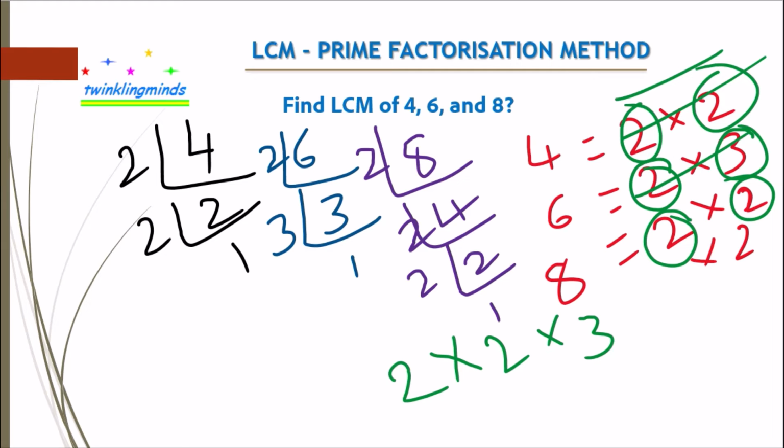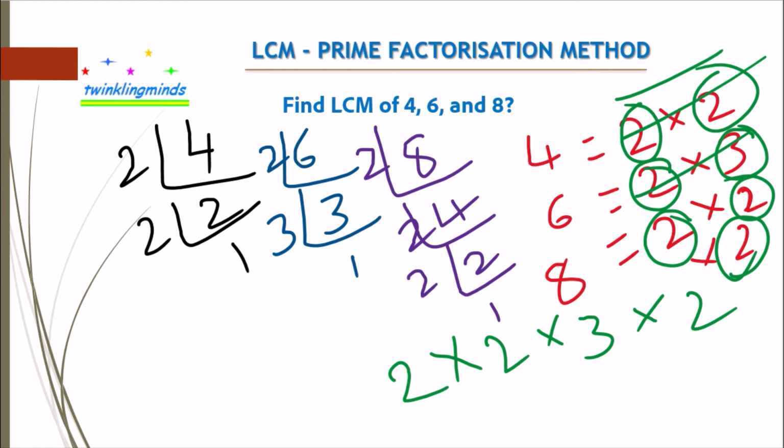So in 8, we have one more factor, 2. Do we have any other factor which we can group under 4 or 6? No. So this is an orphan again, like 3. So take it and multiply.